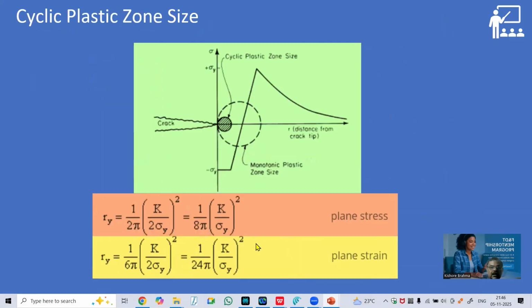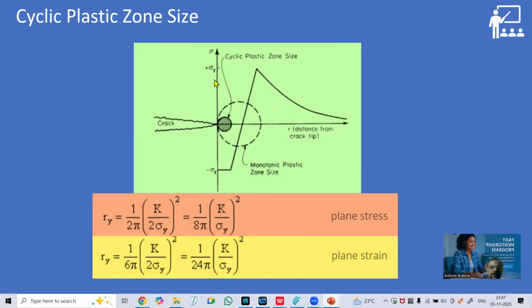Now, when the external load is brought to zero, since plastic deformation has already occurred ahead of the crack tip, and the material surrounding this plastic deformation is elastic, during unloading the elastic stresses will try to squeeze the plastically deformed material to the extent that it again yields in compression.